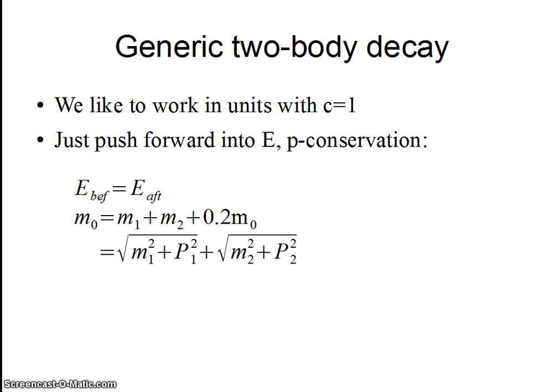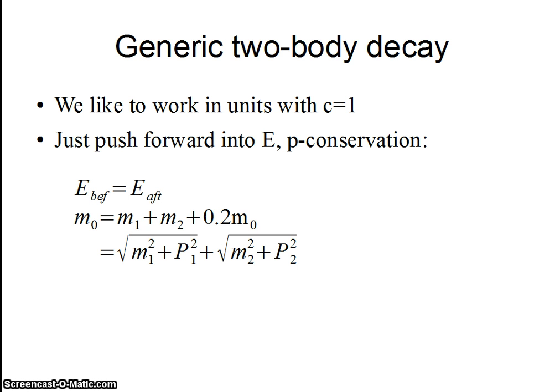Energy before is energy after. The energy before in the center of mass frame is, as stated in the problem, the mass of the two decay products or pieces of the firecracker, plus 20% of the initial mass in the form of kinetic energy.